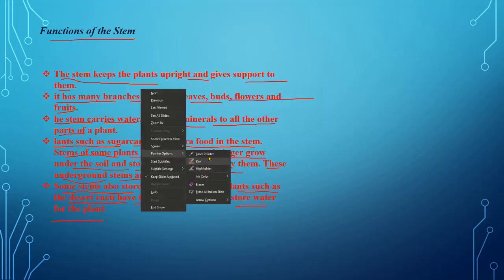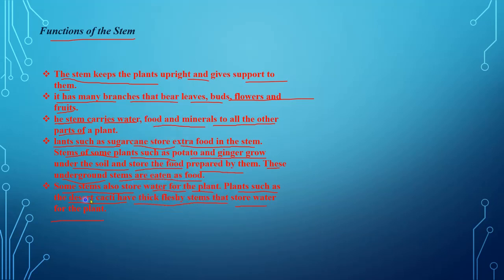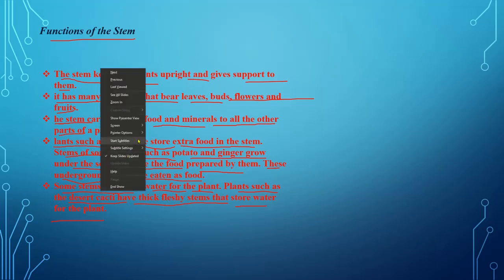Desert cacti don't have much water, they have only little water. They have thick and fleshy stems, and store water for the plant in the stem. So desert cacti will be what? It will be sharp. Okay.